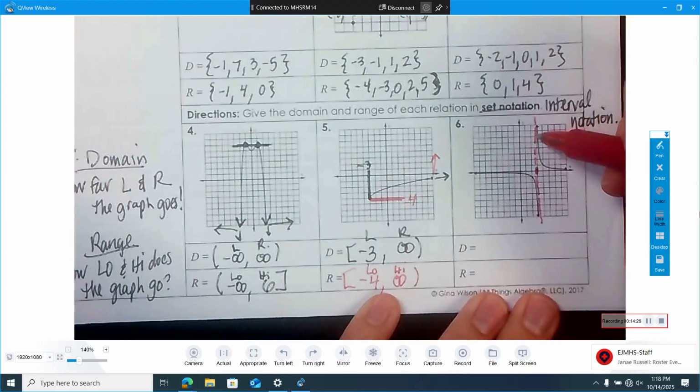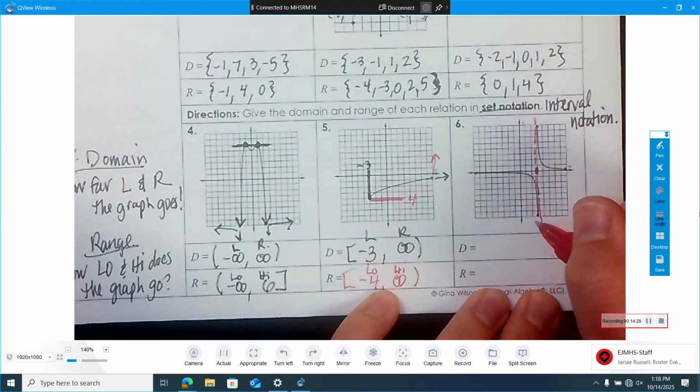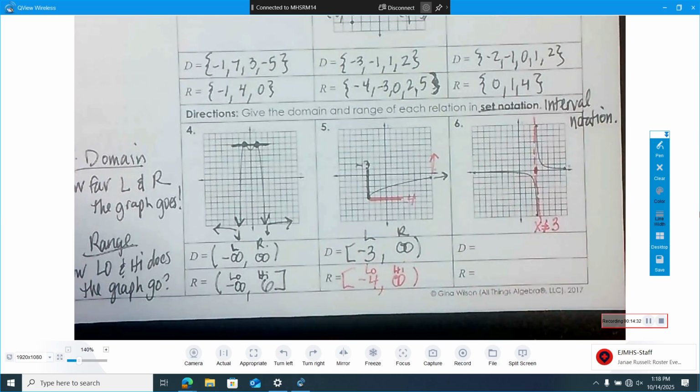There's this vertical line right here at x equals 3, where x is actually not allowed to equal 3. We get something undefined, okay? And that comes from a rational function. We'll talk again more about that. So here we get this weird asymptote, this vertical line that we're not allowed to be. All right, our graph is not allowed to be there.